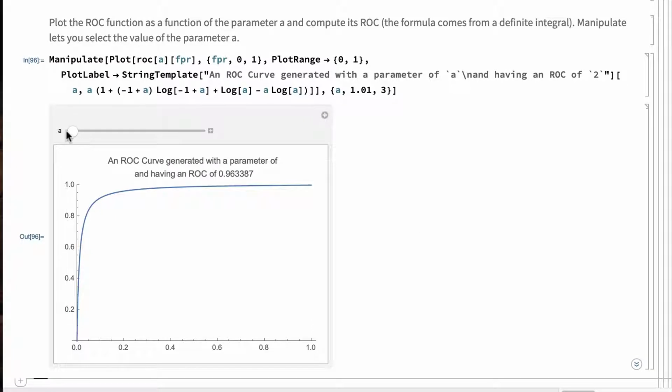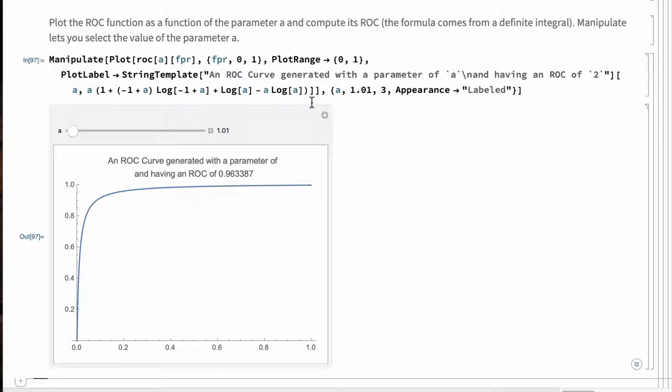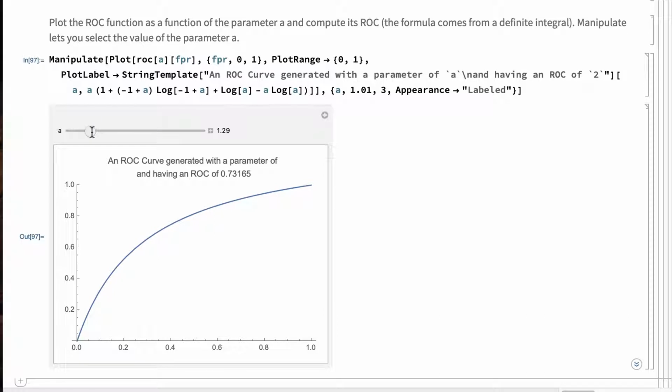Let's make it so you can actually see the value of the parameter. As I increase the A parameter, the ROC curve starts shrinking towards that 45-degree line, and the area under the curve statistic starts to decline. So a low parameter in this instance leads to a very accurate classifier, and a higher parameter leads to a less accurate classifier.